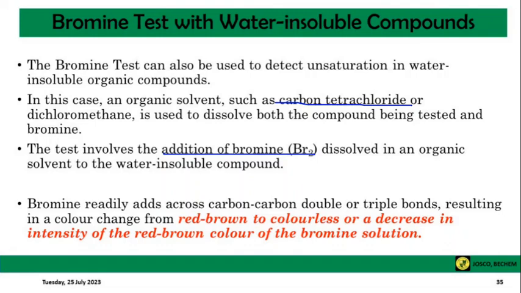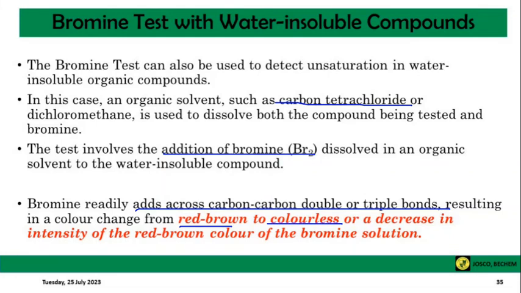What you also have to know is that we can dissolve both the bromine and the sample in the carbon tetrachloride. It follows the same principle. Bromine would add across the carbon-carbon double bond or triple bond, which again would result in decolorization from reddish brown to colorless, or a lighter version of the initial color.